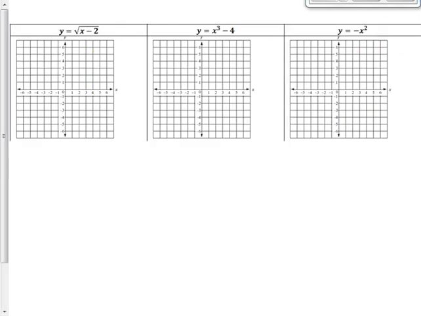So here's a square root example. I've got minus 2. The first thing is the square root looks like this. I'm guessing the majority of us will not have a second color, so I'll do it in dashed. X cubed. X cubed looks like this.